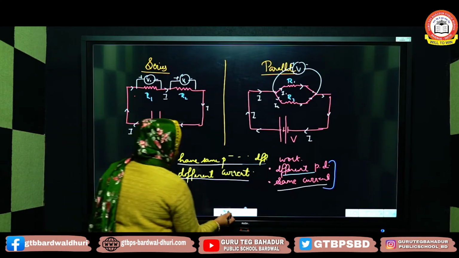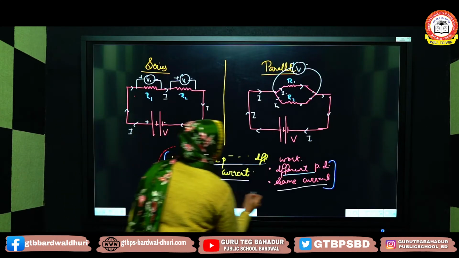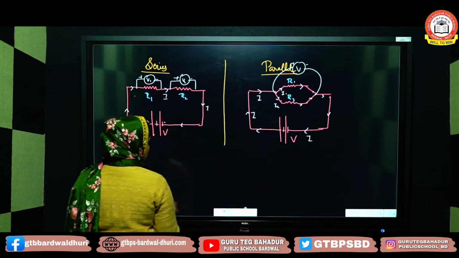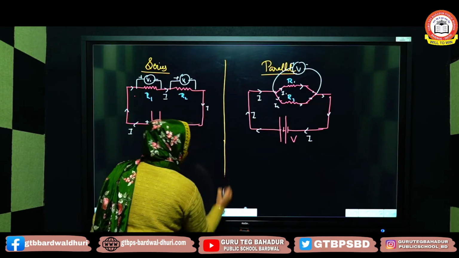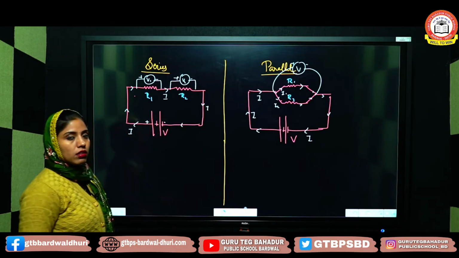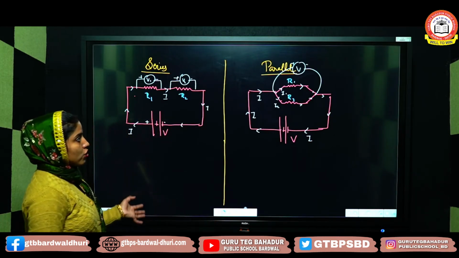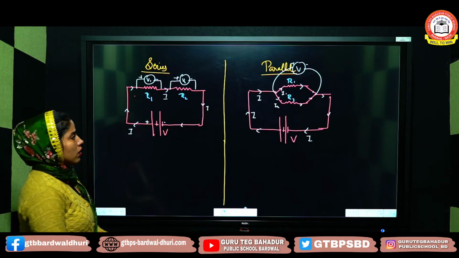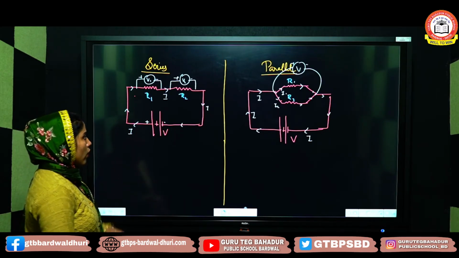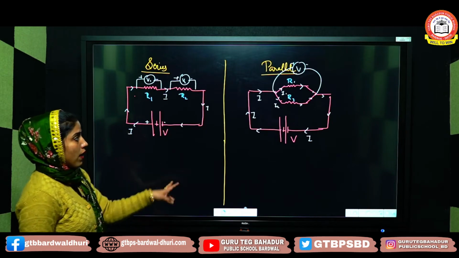Now the mathematical portion is left, so I will continue with that. While doing the derivation of the net resistance, what we have to keep in mind is where to start the derivation, that is, the thing that divides.